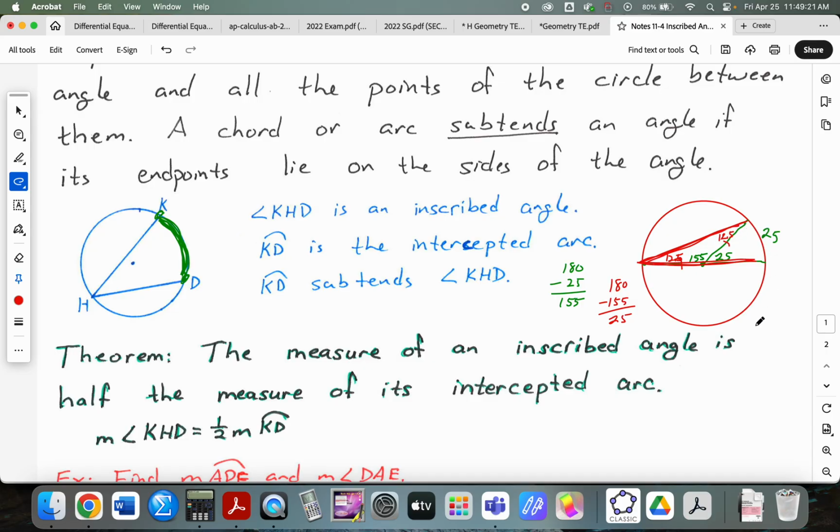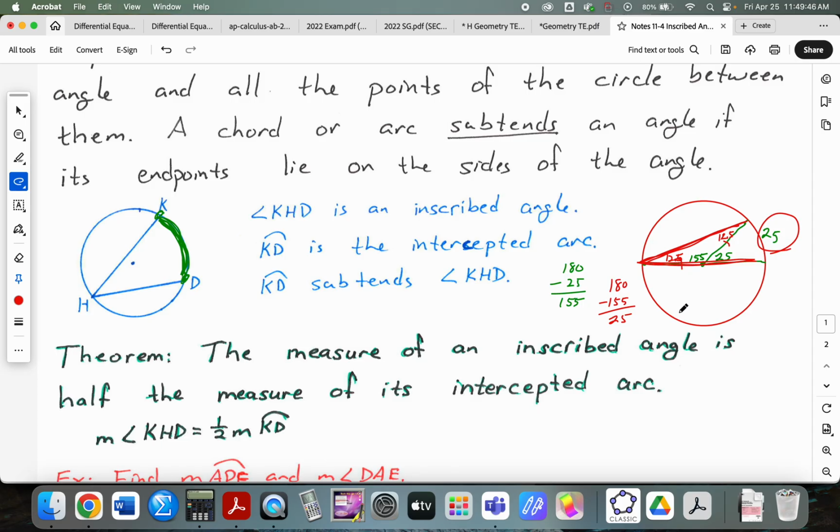And notice the last thing we did was we cut 25 in half. This theorem allows you to go straight to that rather than having to draw in extra pieces and find extra angles and draw in a triangle and all that. It just tells you that if you have this inscribed angle, the measure of the angle is half of the arc. This says 12.5.